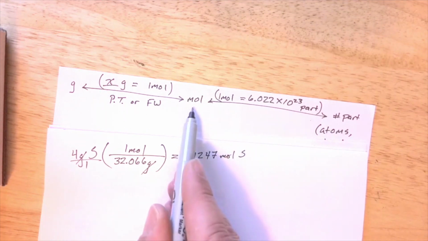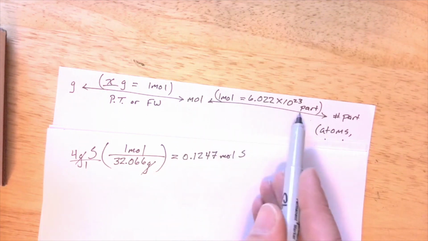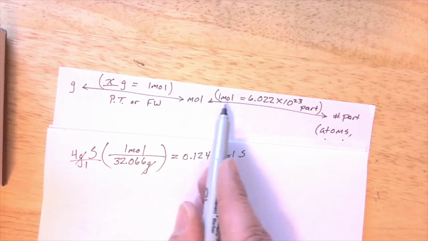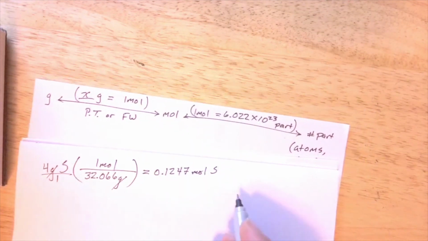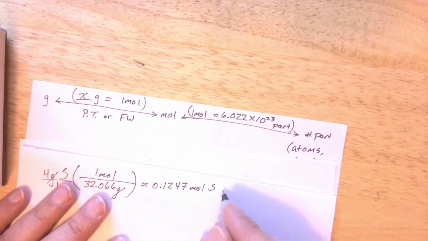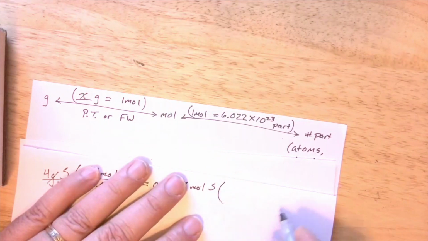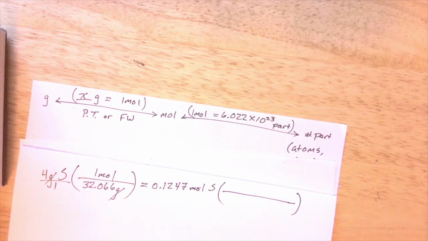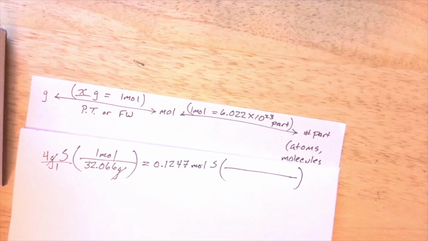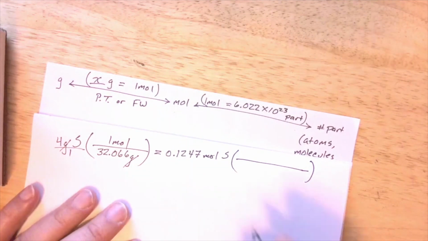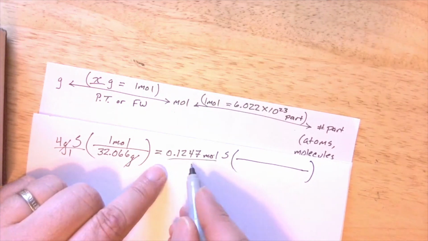So in order to go from moles to atoms, I'm going to be using this next inside the parentheses. So that 0.1247 moles of sulfur, I'm going to convert that to atoms. So, again, technically this is over 1.